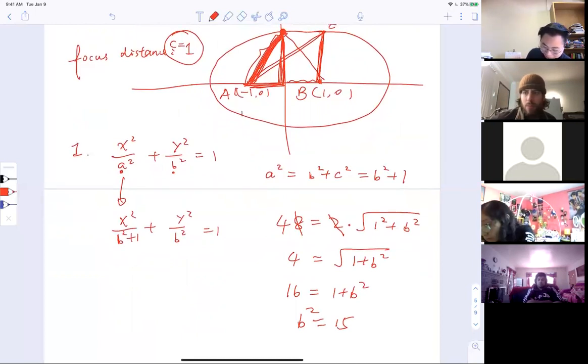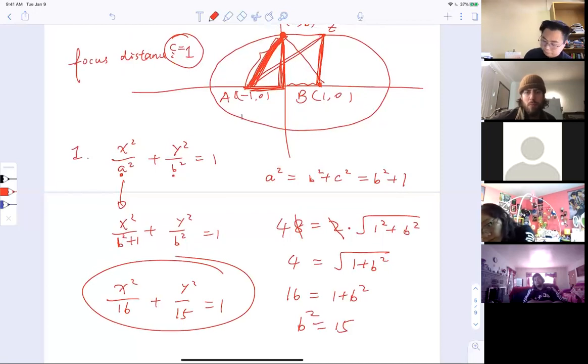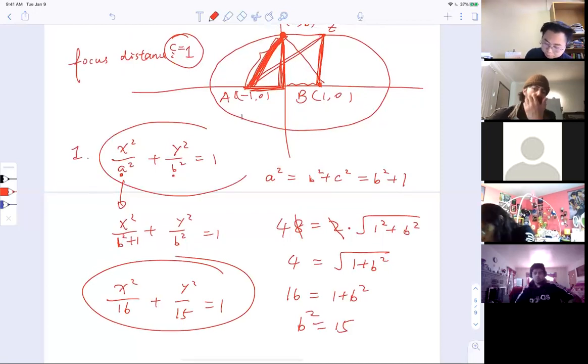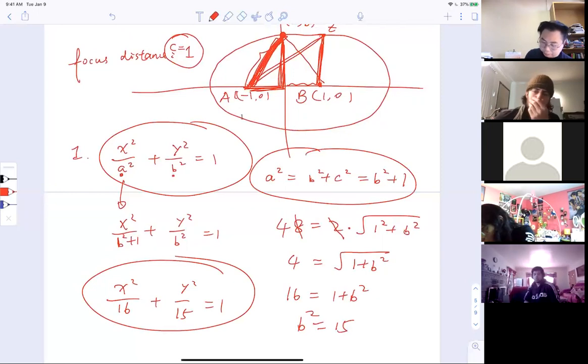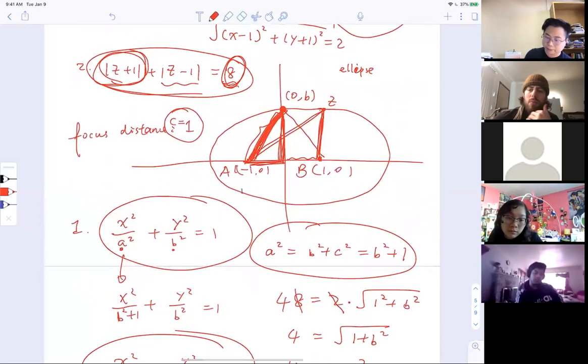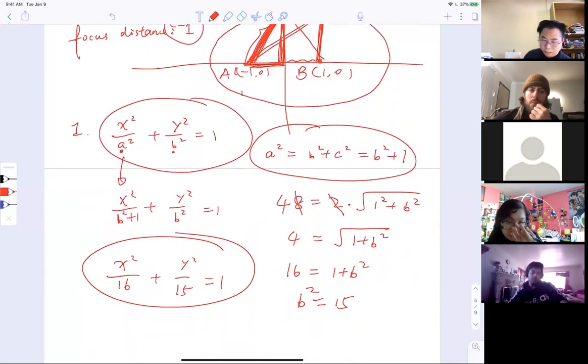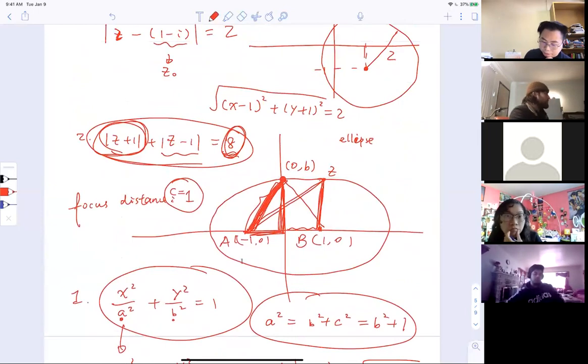Which you can plug in, and you get x squared... A very simple calculation, right? Basically, what you need is this form and this equation and a special point, to use the condition that the sum is 8. Of course, you can solve this problem by brute force.